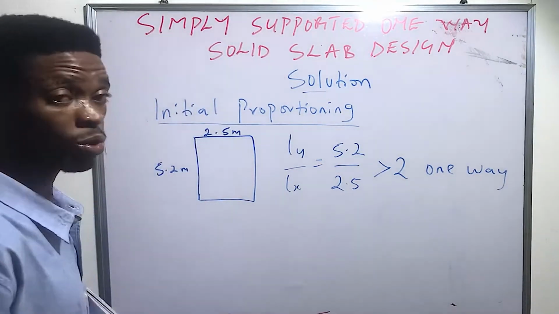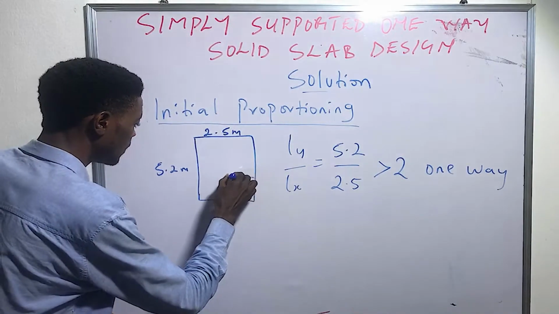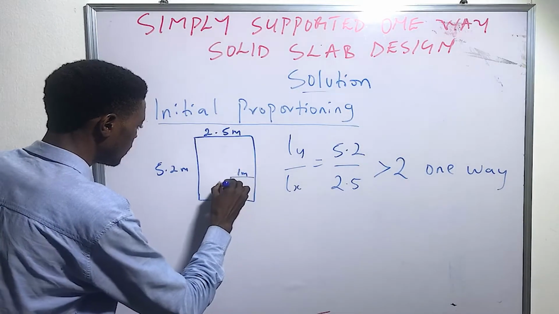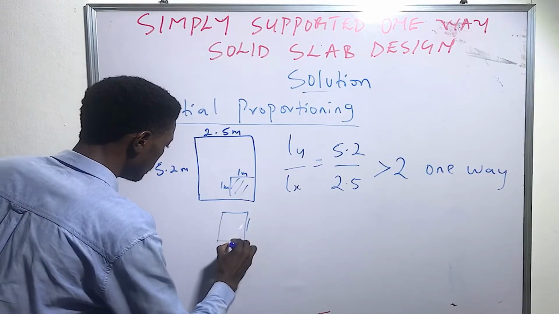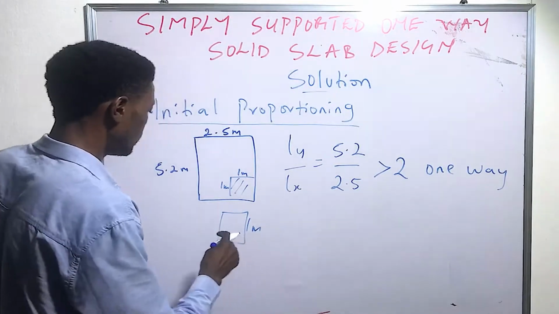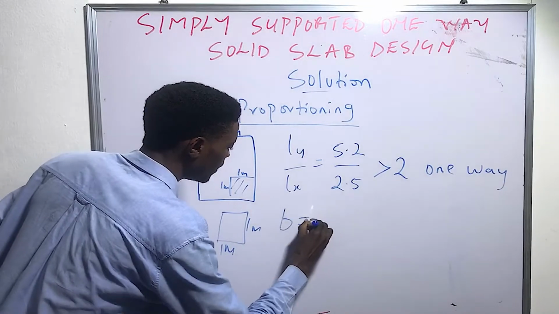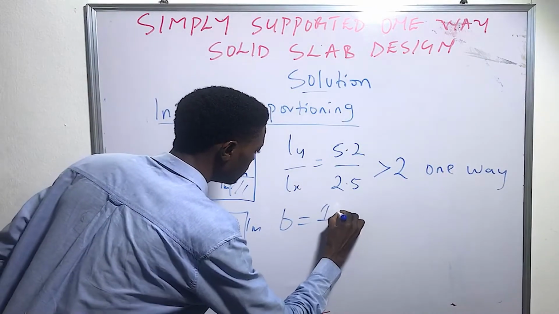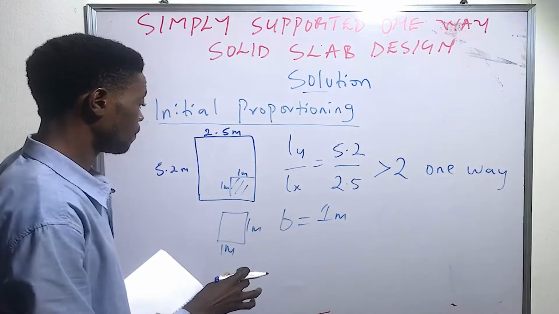Then note, when designing a slab, you consider 1 meter by 1 meter. Then this should be your length and your breadth. Your breadth should be 1 meter. You consider a 1 meter by 1 meter portion when designing a slab.